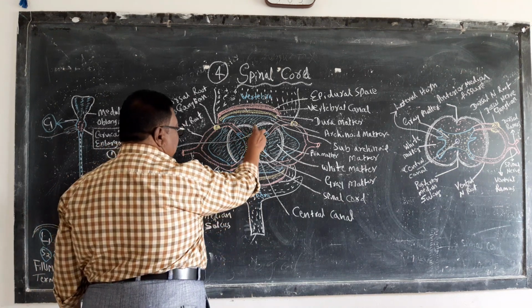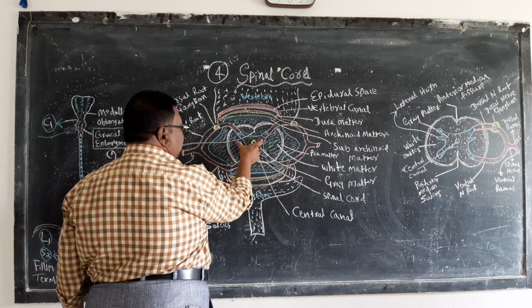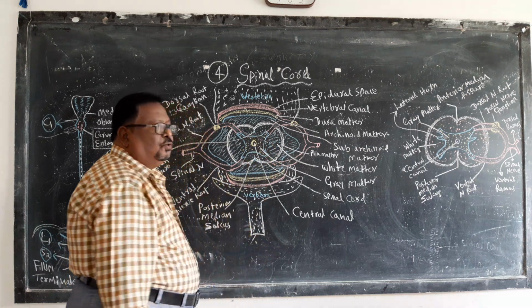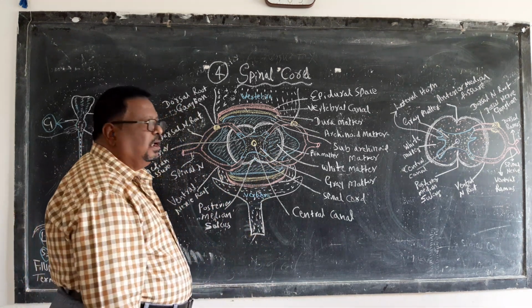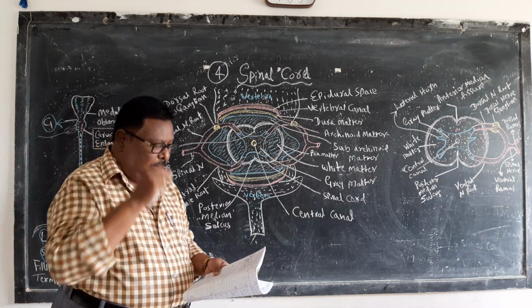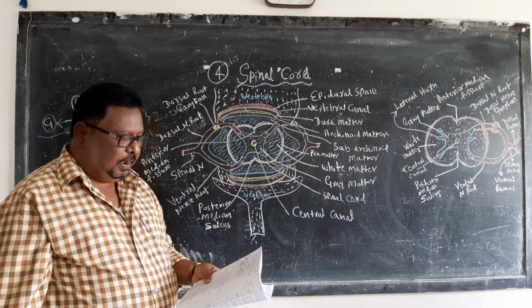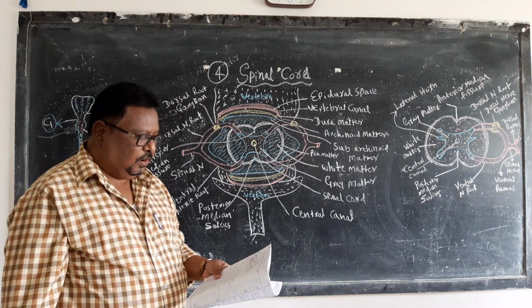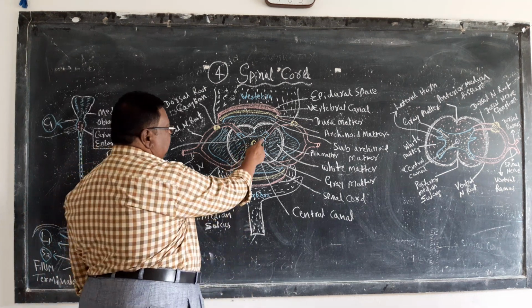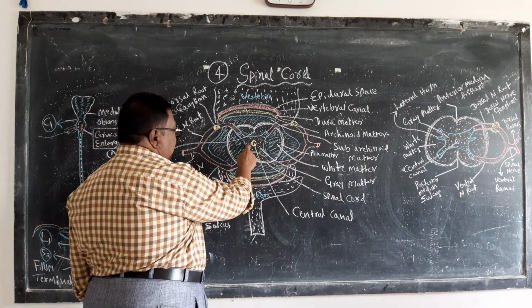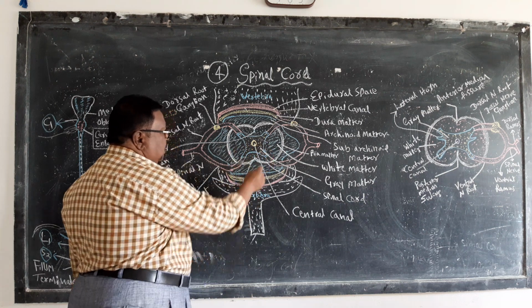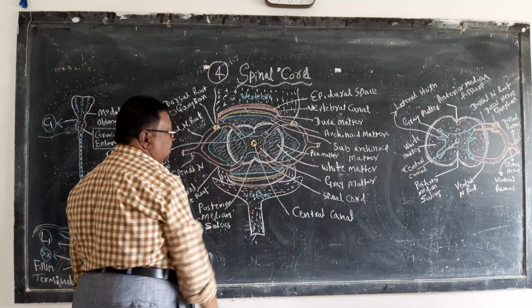This gives the division of the spinal cord. The gray matter is situated internally, forming an H-shaped mass surrounded by white matter.